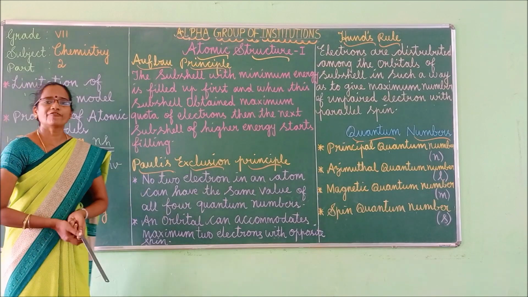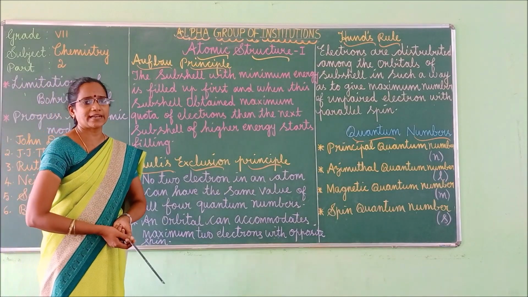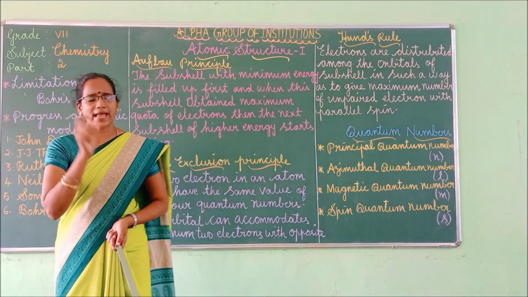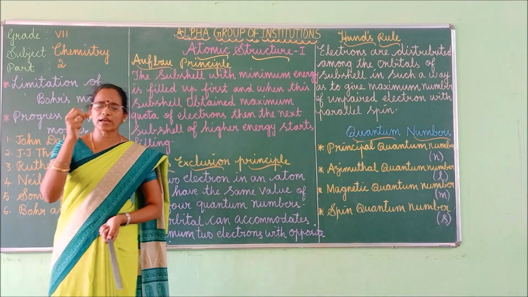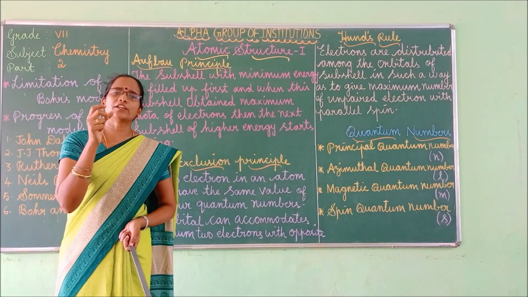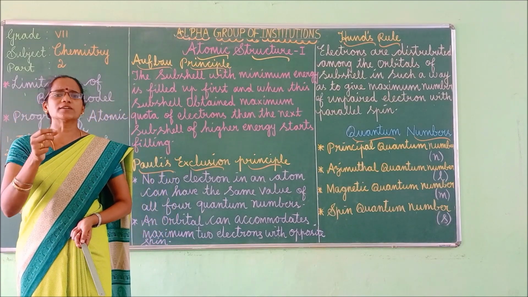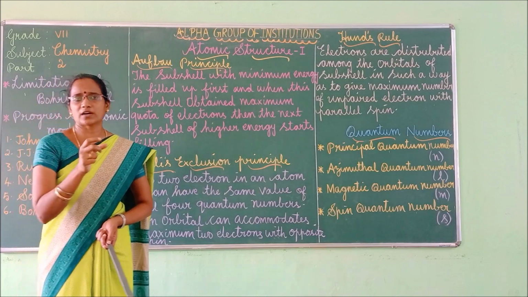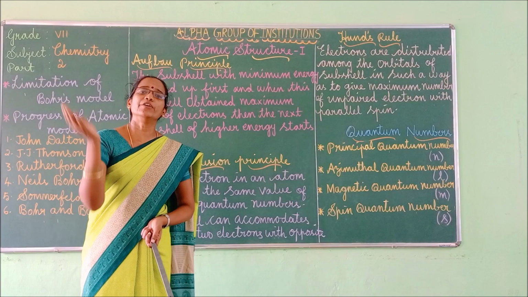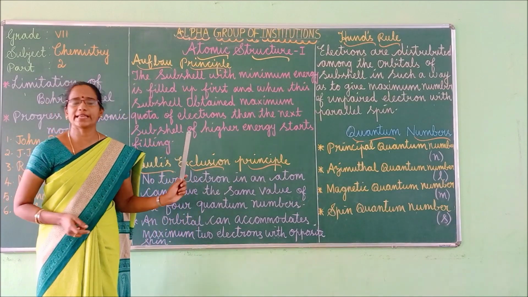In an atom, molecule or ion, electrons will fill the atomic orbitals with the lower energy level first before filling the higher energy level.